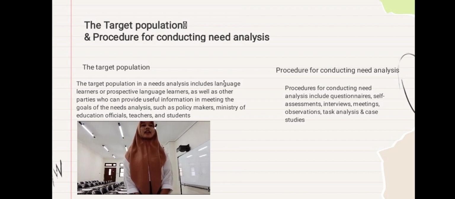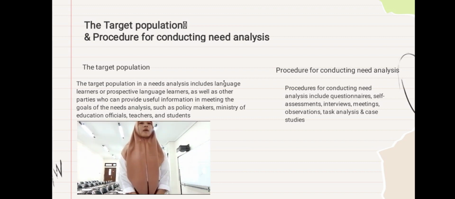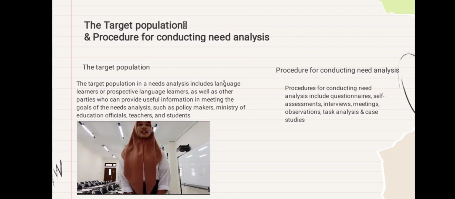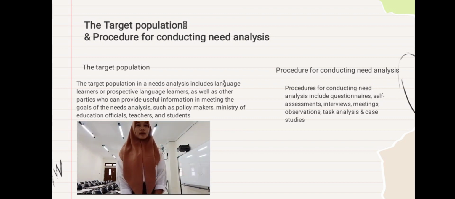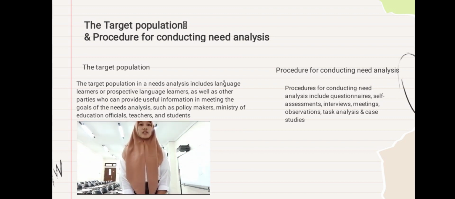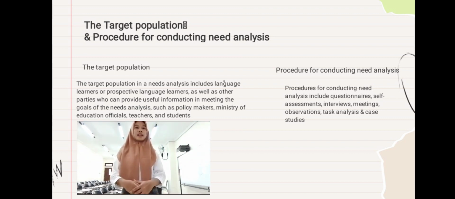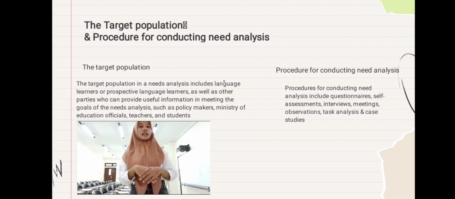So this chapter also discusses the target population and procedures for conducting needs analysis. Number one, the target population in needs analysis includes language learners or prospective language learners, as well as other parties who can use the information in meeting the needs analysis objectives, such as policymakers, Ministry of Education officials, teachers, and students.